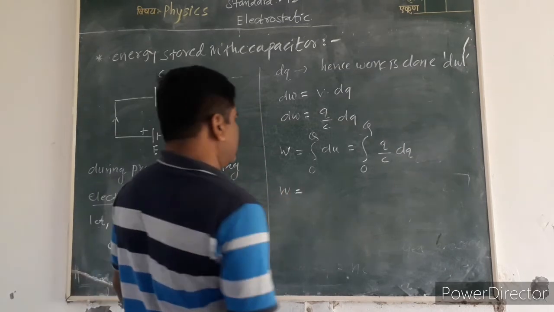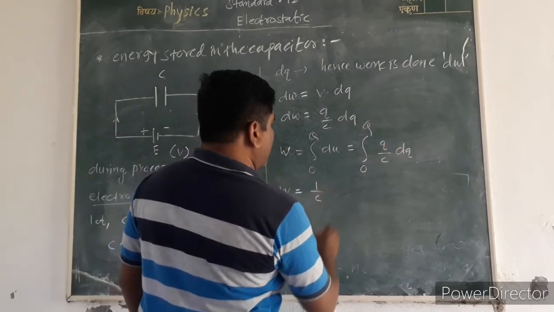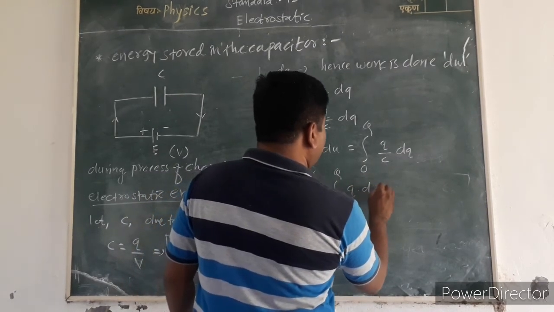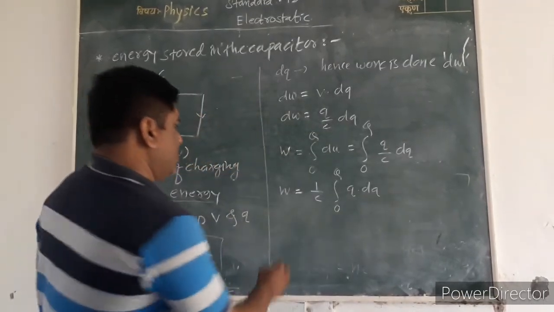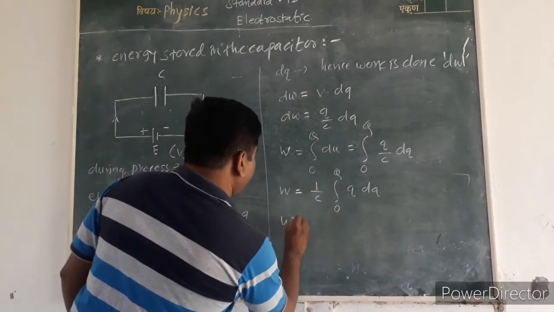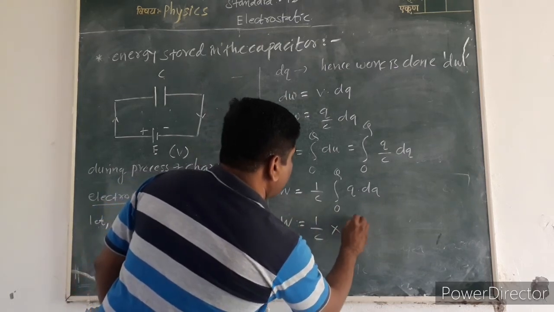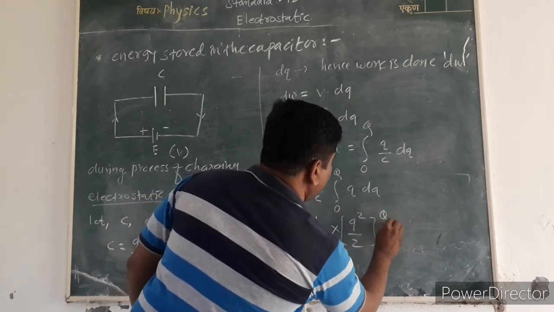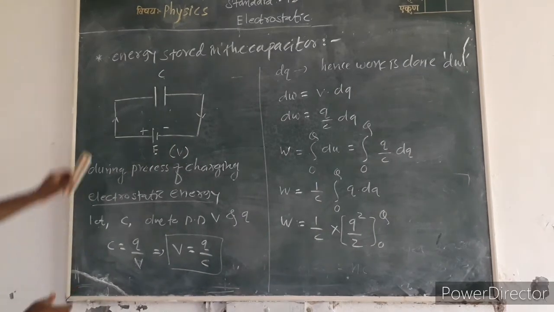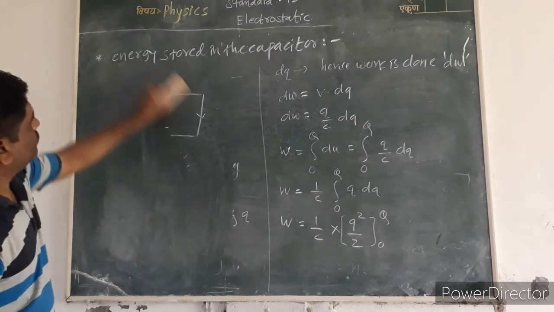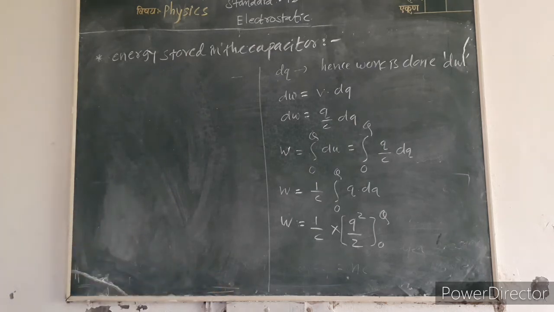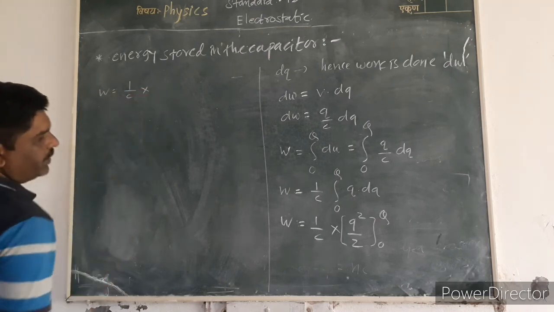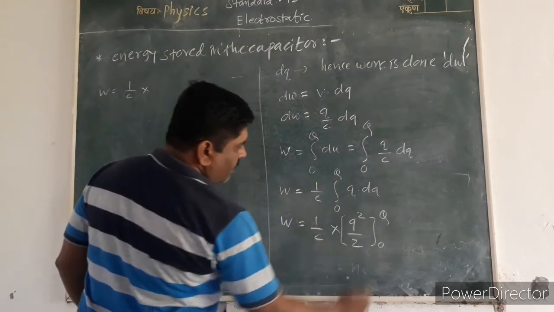W is equal to 1 upon C, which is constant, integration from 0 to Q of Q dQ. W is equal to 1 upon C into Q square upon 2, limit 0 to Q. W is equal to 1 upon C into upper limit minus lower limit.